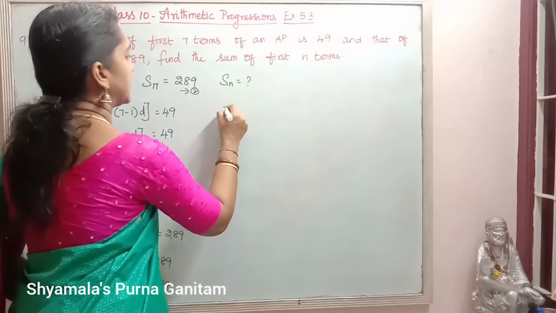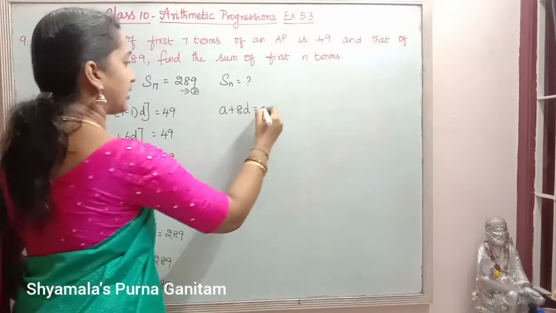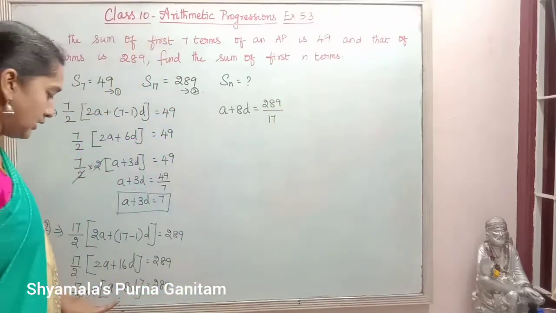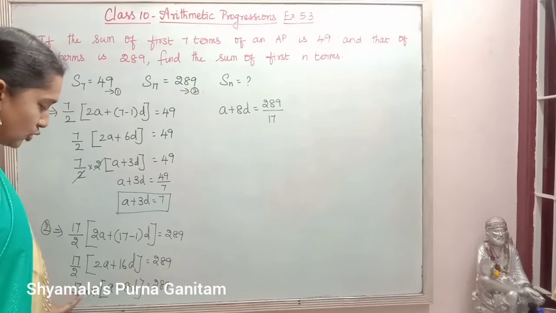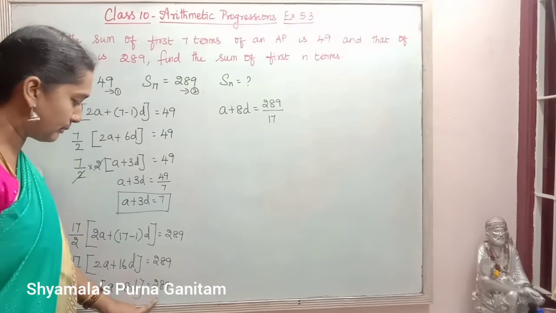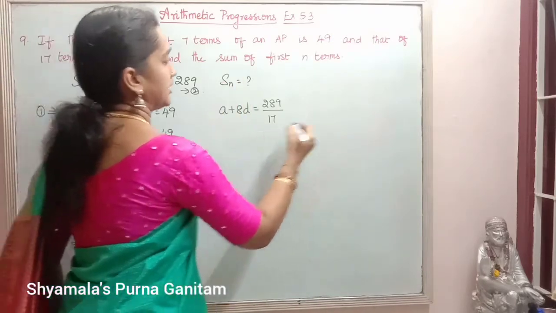So a plus 8d is equal to 289 divided by 17. This 17 is in multiplication in the numerator, so we bring it to the opposite side and it becomes the denominator.